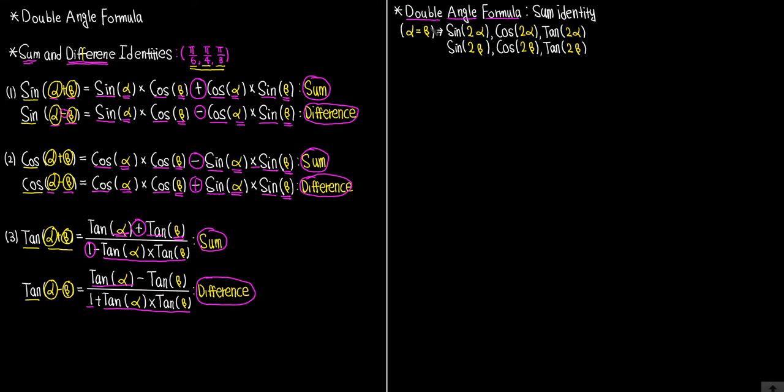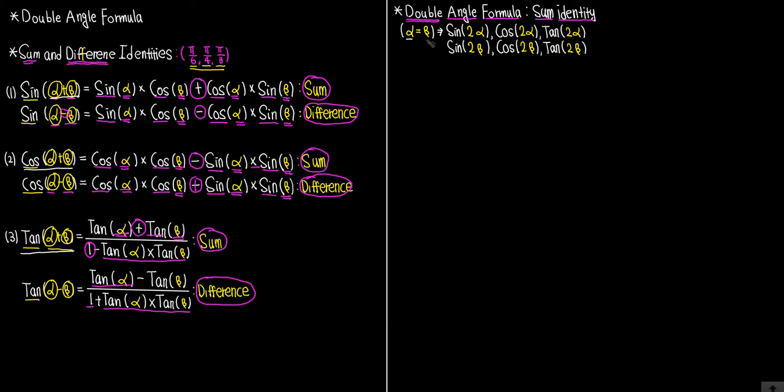And the reason why it's called the double angle formula, I will explain as we get a little bit deeper. But firstly, before we start, you need to know that the double angle formula originated from the sum identity. And we define it in this way. We see that there is sine of alpha plus beta right here, cosine of alpha plus beta, and the tangent of alpha plus beta.